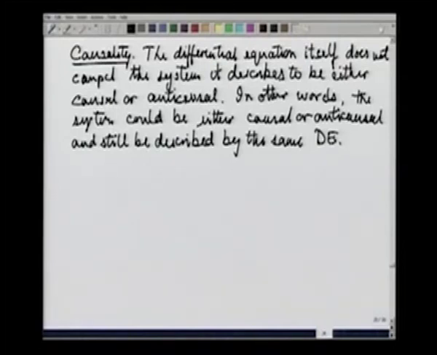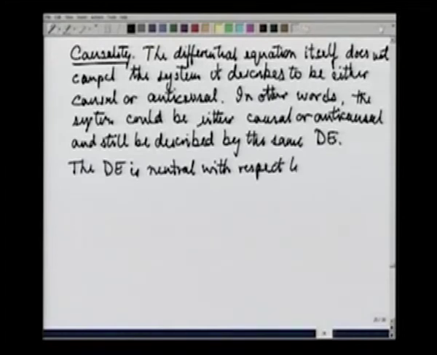The appearance of the differential equation is neutral to the direction of time, or the differential equation is neutral with respect to the direction of time.